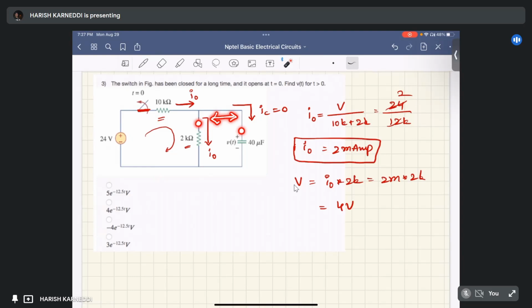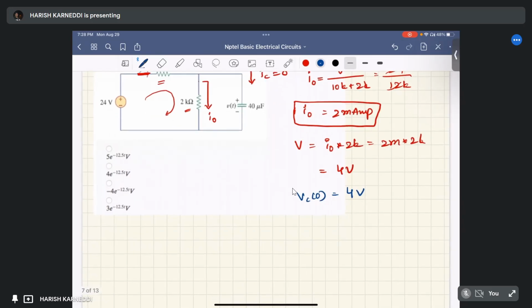So here the voltage is 4 volts, and the capacitor voltage is also 4 volts, right? The steady state voltage Vc of 0 equals 4 volts. This is the case for t less than 0.